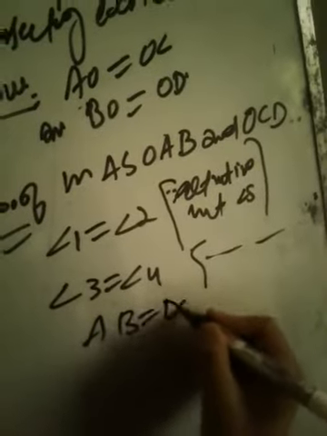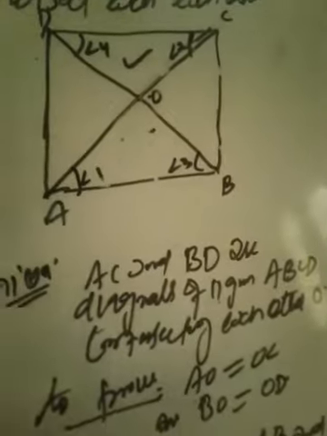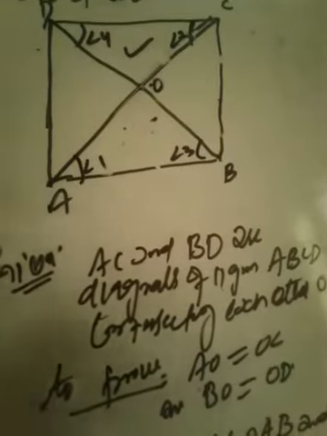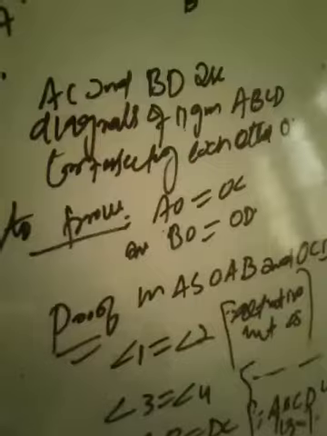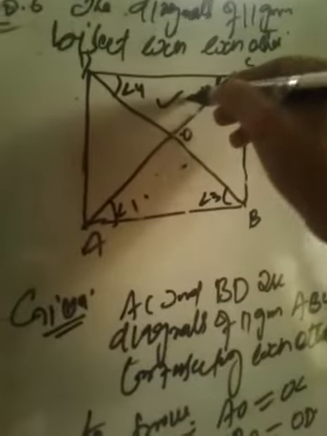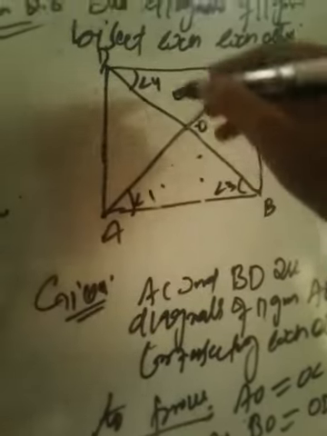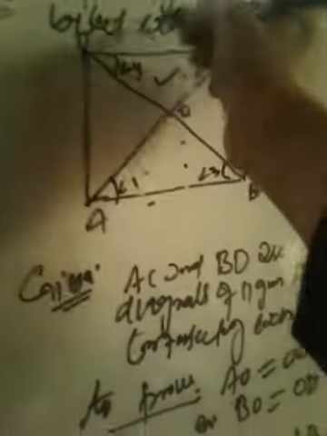AB equals DC. Why? Because ABCD is a parallelogram, and we know that opposite sides of a parallelogram are equal. So we have got the three parameters here: angle 1 equals angle 2, angle 3 equals angle 4, AB equals DC.